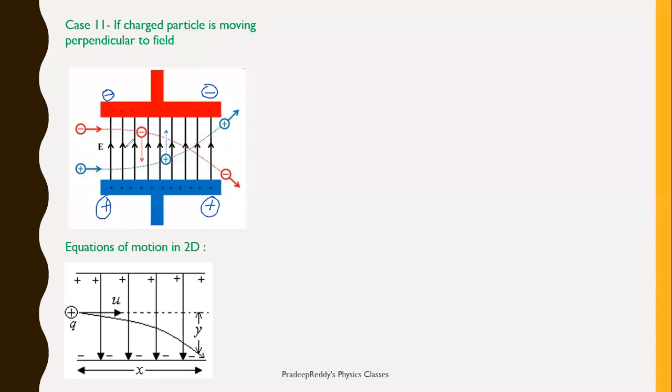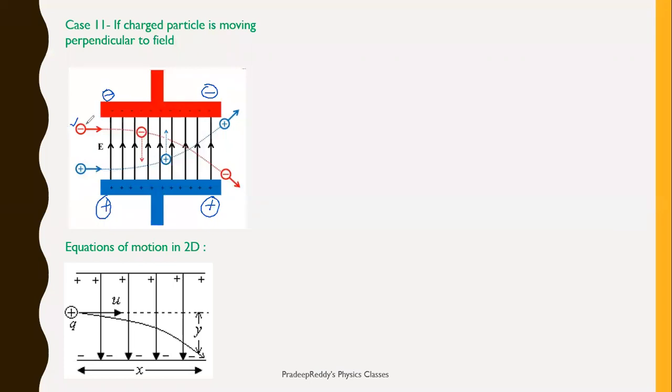Now, the negative charge is represented with red ink, and the positive charge with blue ink. If we deal with the negative charge, it will experience a force in the direction opposite to that of the electric field, represented with the red arrow in the downward direction.